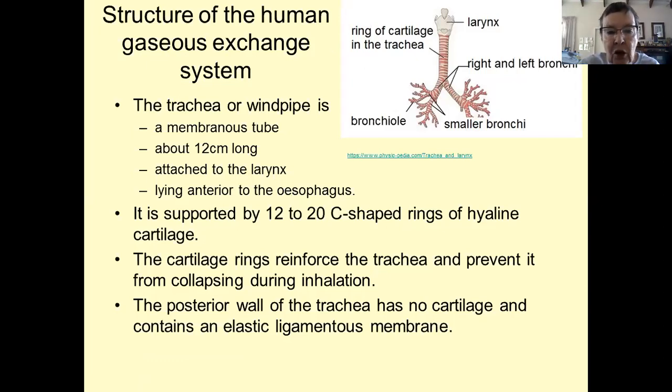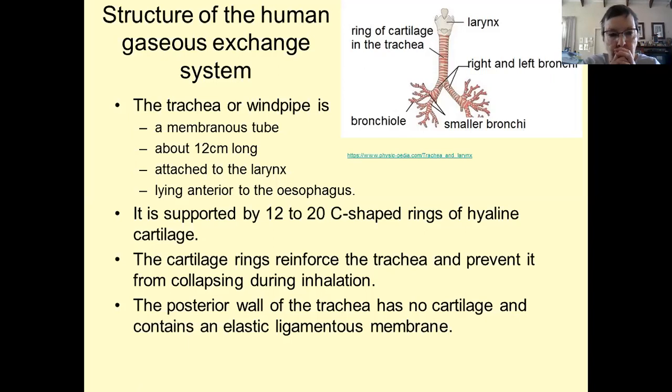Okay, so the trachea, commonly known as a windpipe, but you're going to call it a trachea, is a tube made of a sort of membranous tissue. In a human, it's about 12 centimeters long. So if you consider your long ruler, the one that you draw margins down the side of your exam paper, and divide it into 3, it is slightly more than one of those thirds.